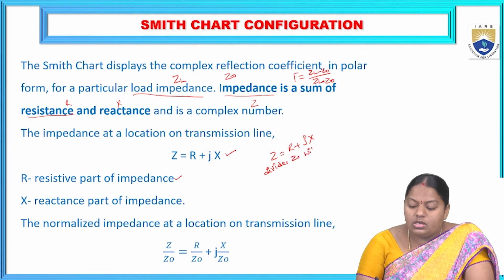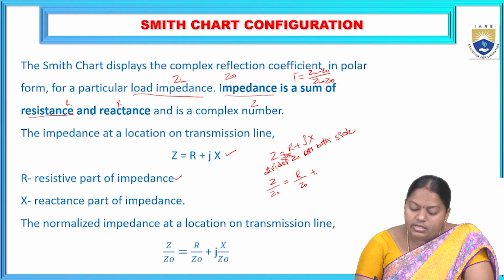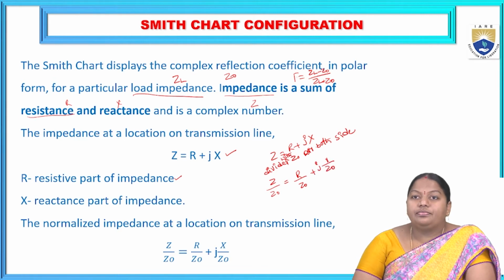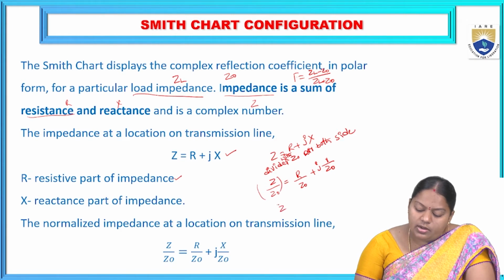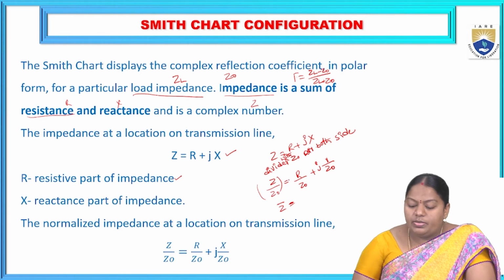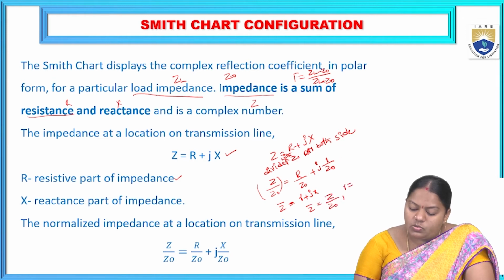So now Z/Z0 = R/Z0 + j X/Z0. Okay. Z/Z0 is denoted by Z bar, and R/Z0 is the real part, so Z bar = r + jx, where Z bar = Z/Z0, small r = R/Z0, and small x = X/Z0.